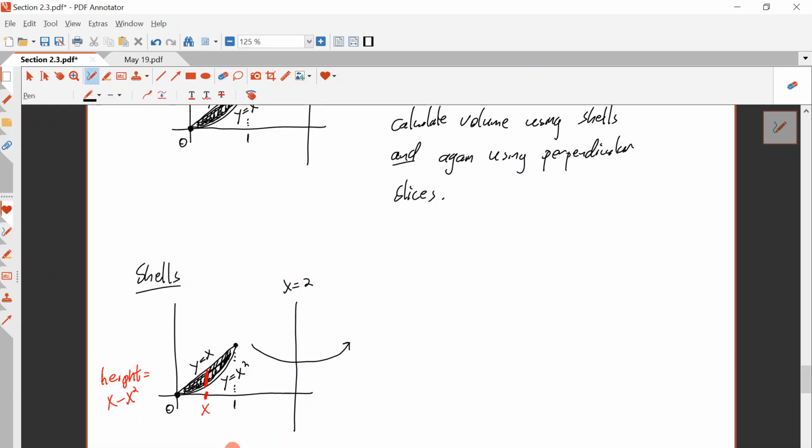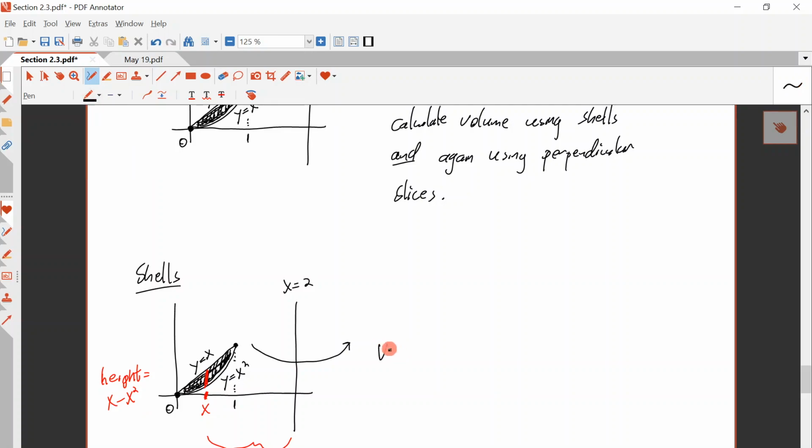Right, and this is 2 minus x, because the 2 is bigger than x, so you have to do 2 minus x rather than x minus 2. And the height is top minus bottom, x minus x squared.